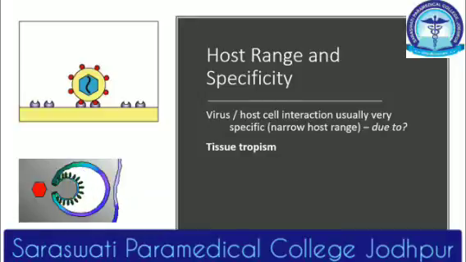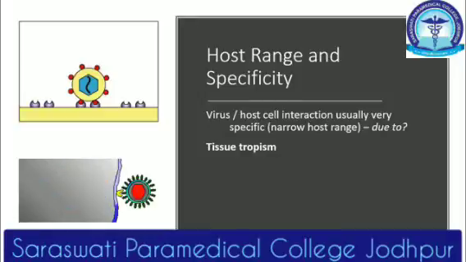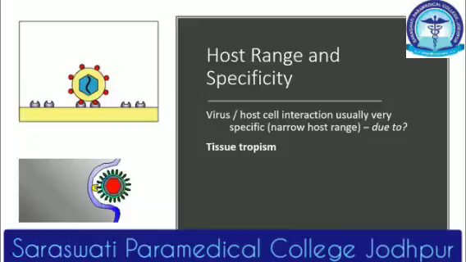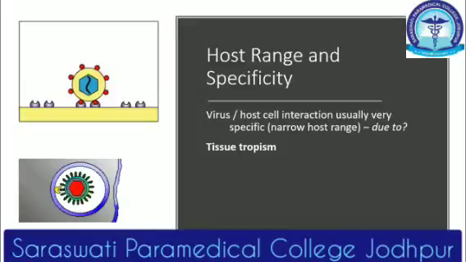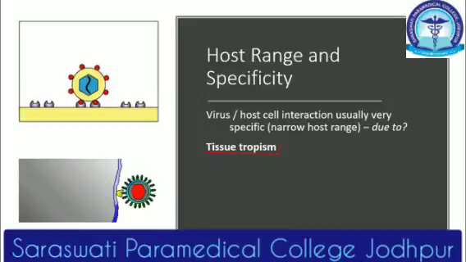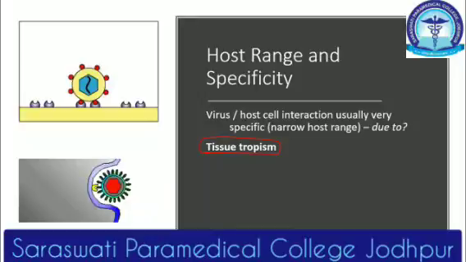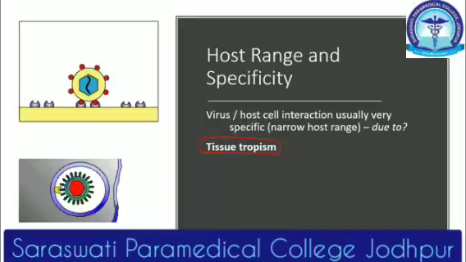Generally, a virus's host range is narrower than a bacterial host range because they can only attack a particular type of host. This is known as tissue tropism. Like in plants, we know gravitropism and phototropism, similarly for viruses we have tissue tropism.